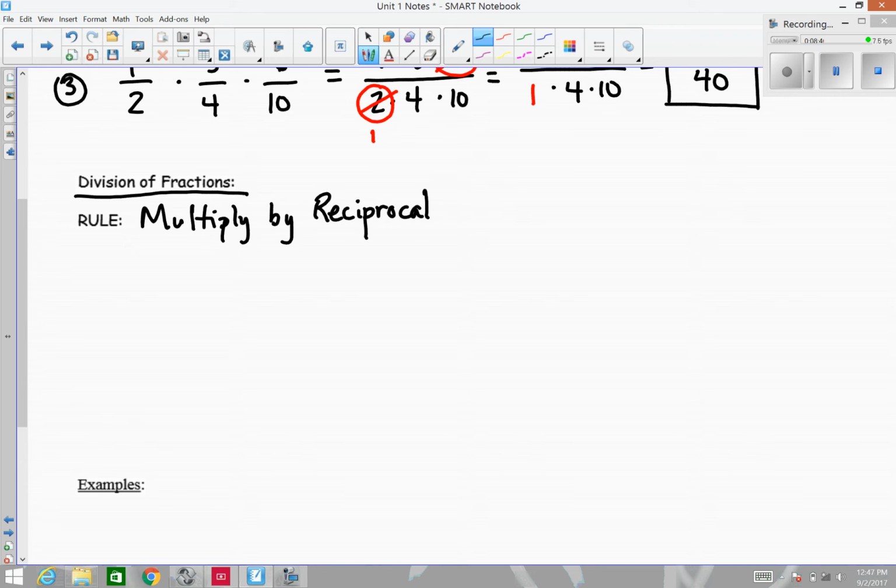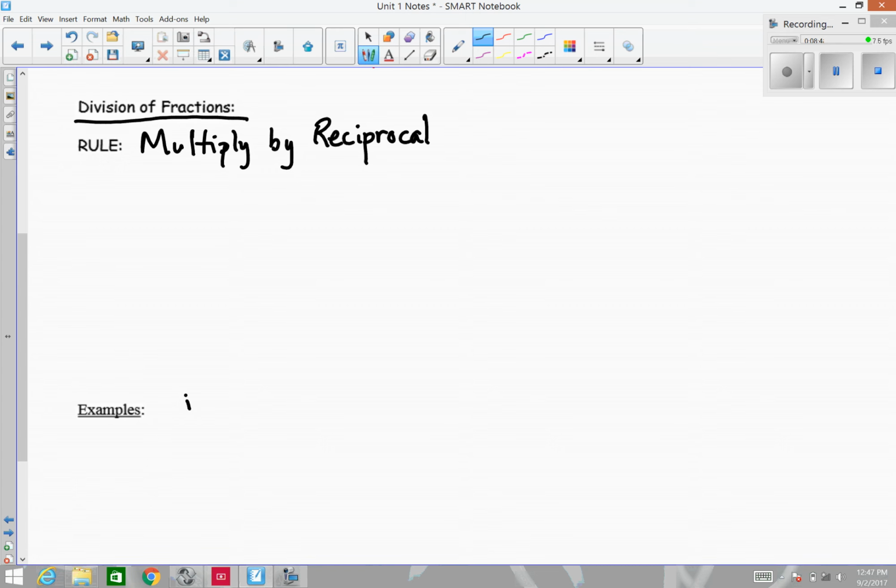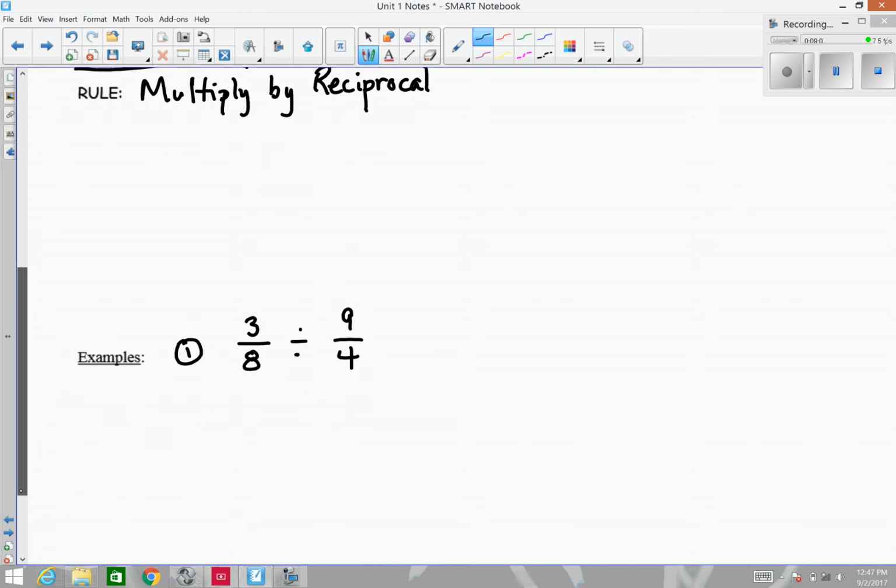So let's first take a look at an example. This is my example number 1. I want to take the fraction 3/8 and divide it by, let's say, 9/4. What I want to do instead of division is change the division to multiplication.